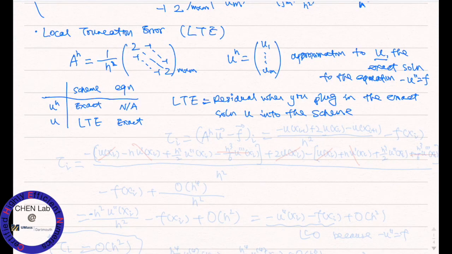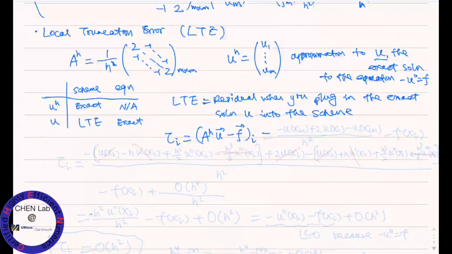So at node i, if we denote that by tau i, your tau i is going to be equal to A^h u, right? You plug in u, A^h u vector minus your right hand side f vector, this component i.